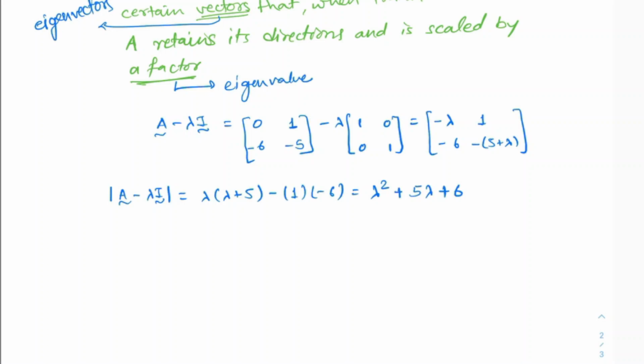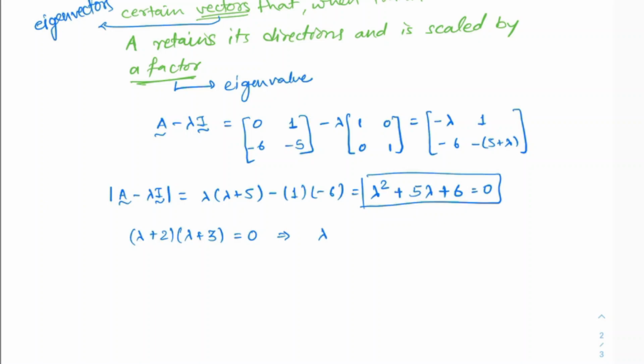Then we have to set this to 0, so we have to solve this polynomial. The lambda values which would solve this are given by lambda plus 2 and lambda plus 3 equals 0.